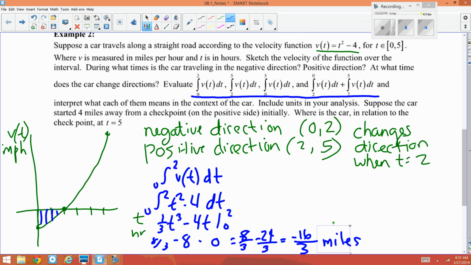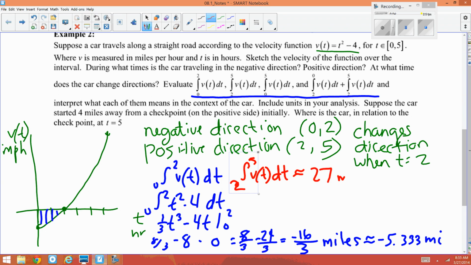So that number means that it traveled negative 16/3, or if you want a decimal, negative 5.333 miles in the negative direction. I'm not going to do each of these by hand, like I said, but from 2 to 5 of v of t dt, if we evaluate this, this is 27 miles, and that means the car traveled 27 miles in the positive direction.